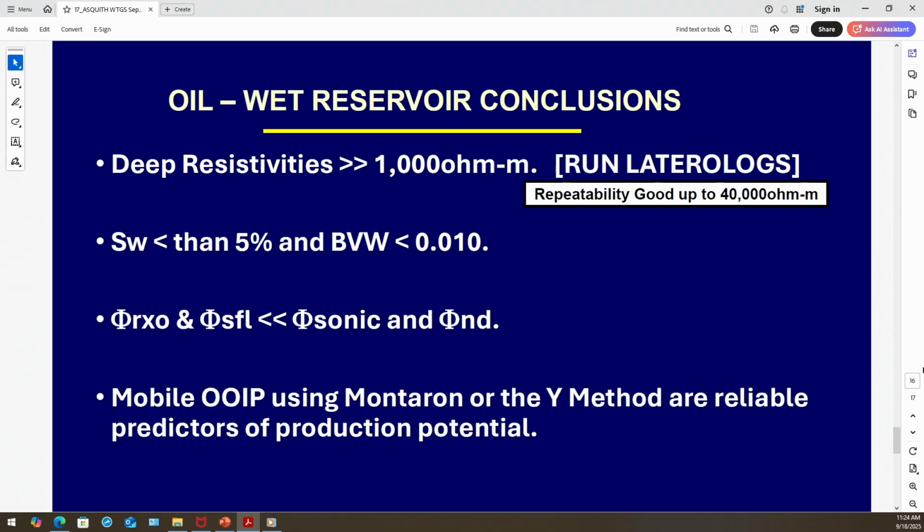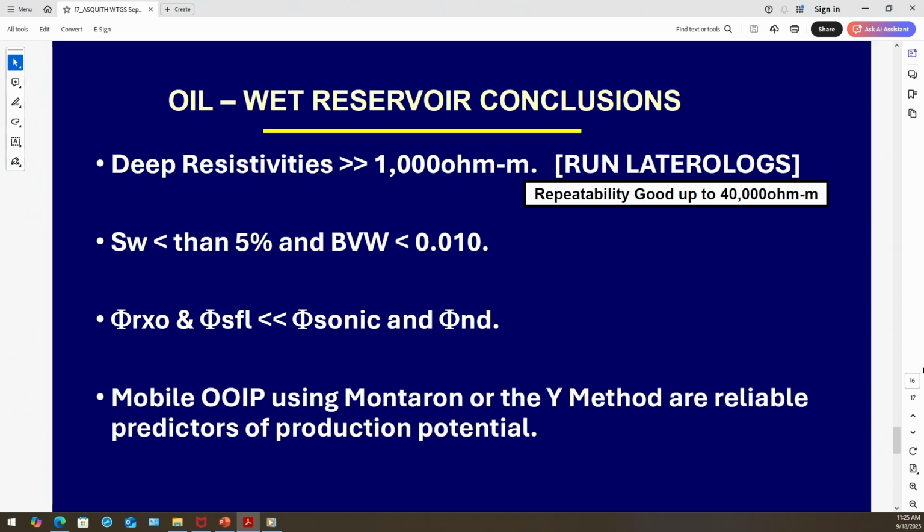So, oil wet reservoir conclusions. Resistivities are commonly much, much greater than 1,000 ohm meters, and so lateral logs, which can get resistivity reliably up to 40,000 ohm meters, are a better log to run. SW, just like Tony said, is much less than 5%, bulk volume water less than 0.01.